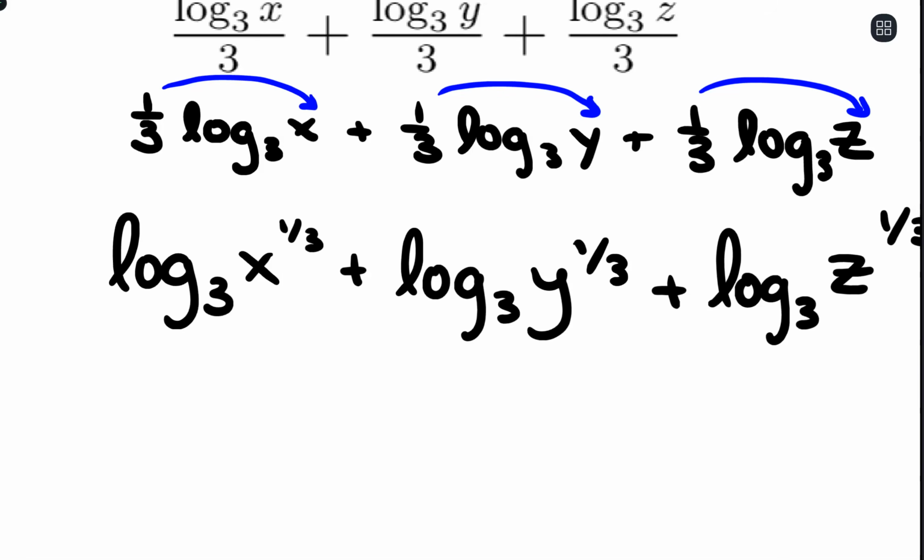And then what we have is addition between these. And we can actually combine these all at once. That wouldn't be true if it was subtraction. If it was subtraction, we would want to do that division step by step. But with multiplication, what you can imagine is our first step would be multiplying that x to the 1/3, y to the 1/3. And then we would just have that product times z to the 1/3, which is just the same as combining all of them.